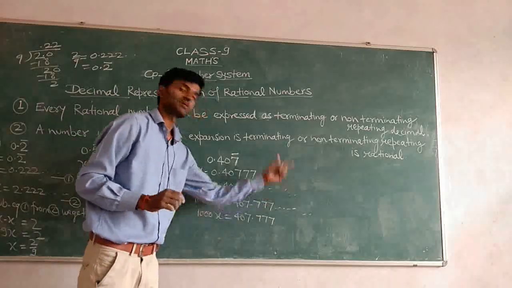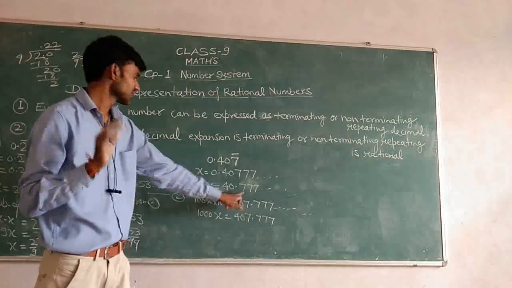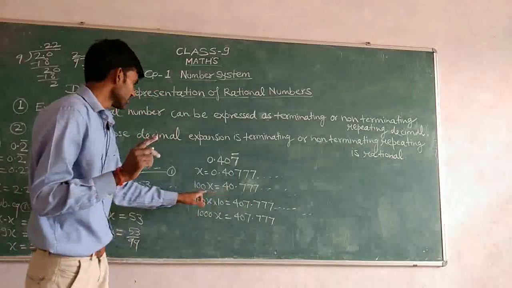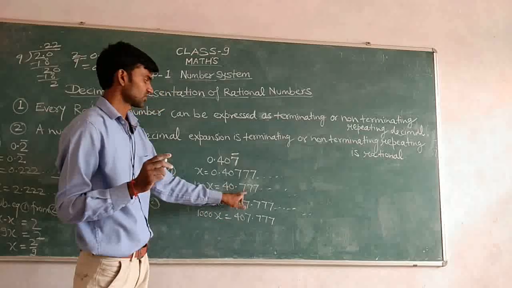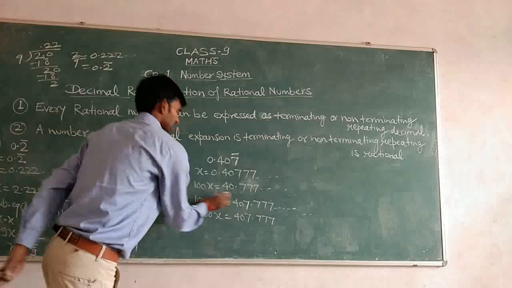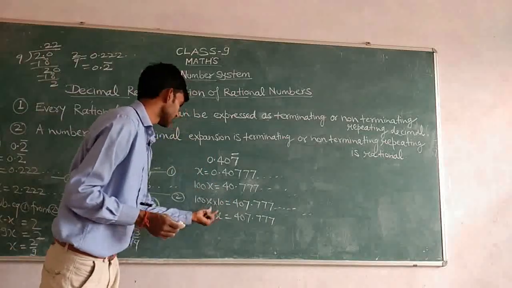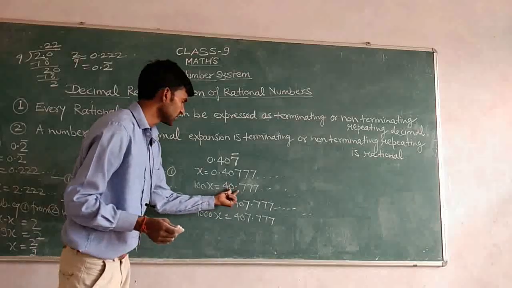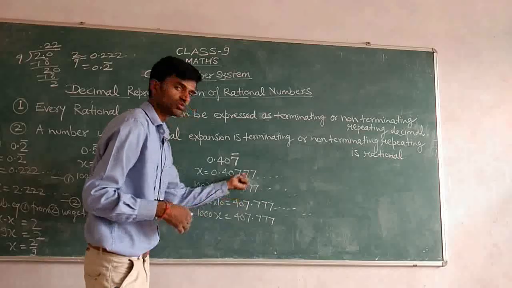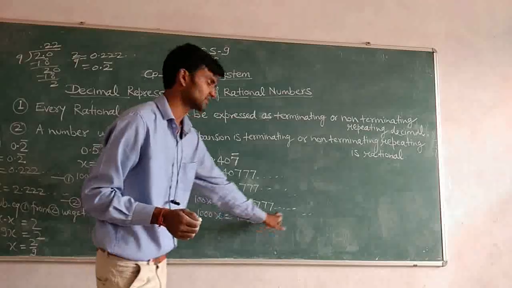Now 100x equals 40.777. Here in 777 only 7 is the repeating number. There is only one repeating digit here, so multiply by 10 to move it to the whole number. 100x into 10 becomes 1000x, and when we multiply by 10 the decimal moves 1 place and it becomes 407.777.